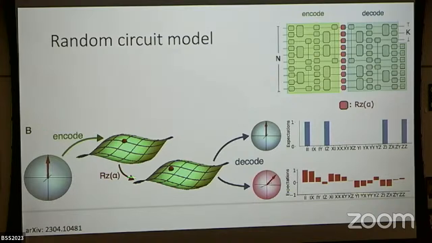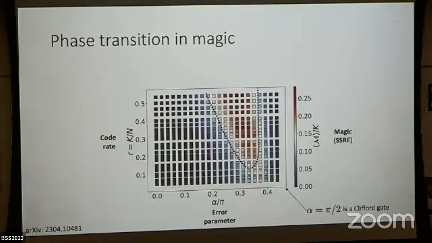Then this error term, this RZ, takes you off of that grid. The decoding step, which includes the syndrome measurement, either snaps you back onto a stabilizer state or leaves you in a state with magic. This is the process that happens as we run this circuit on our qubits. It's just an intuition picture.